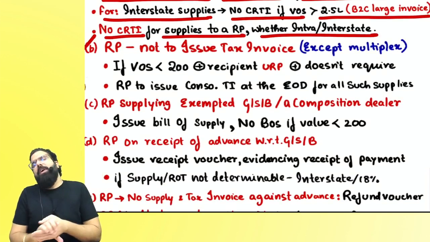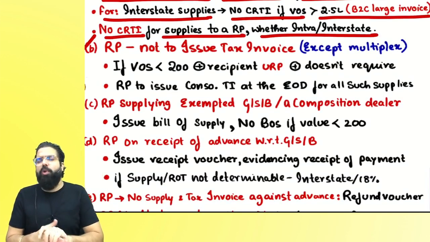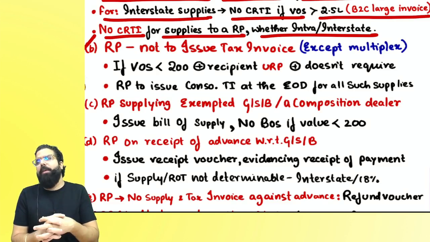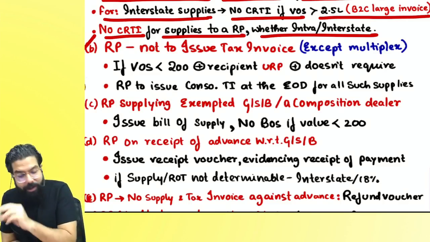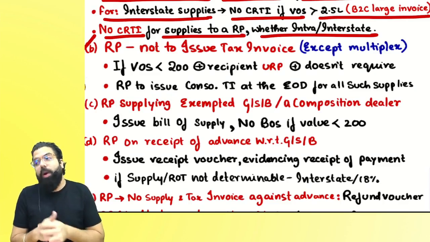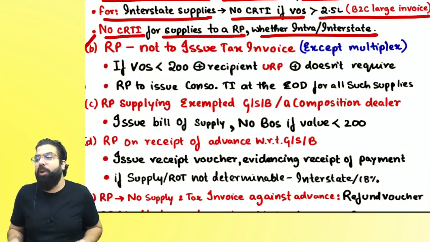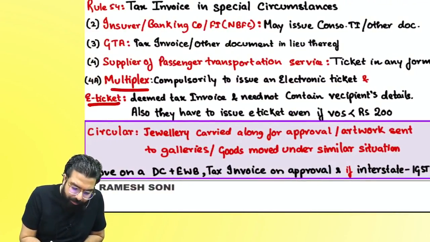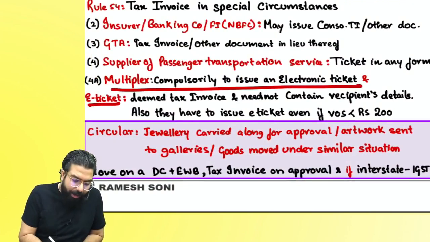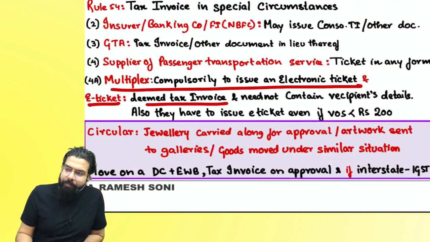Then we have section 31(3)(b), which says no tax invoice if the value of supply is less than 200 rupees. But this 200 rupees clause is not applicable in the case of multiplex, because for multiplex the government has told them they will have to compulsorily issue an e-ticket, and the e-ticket will be deemed as the tax invoice.